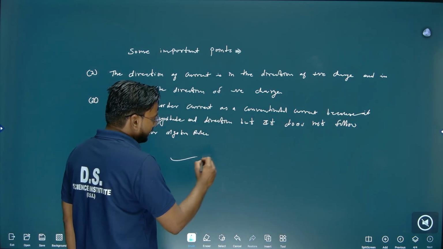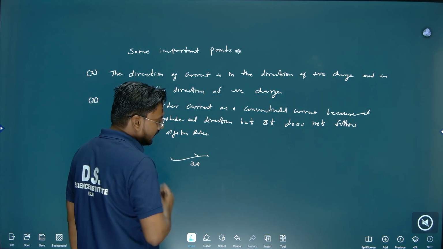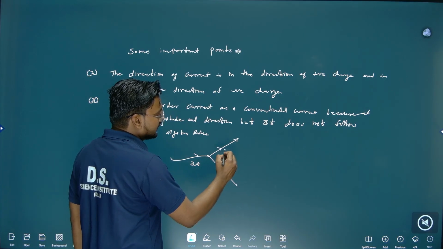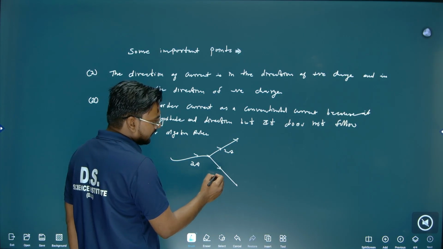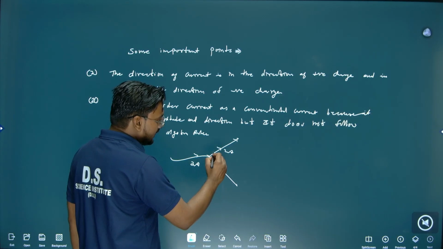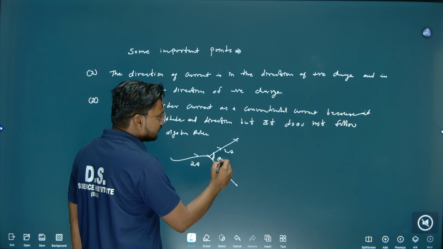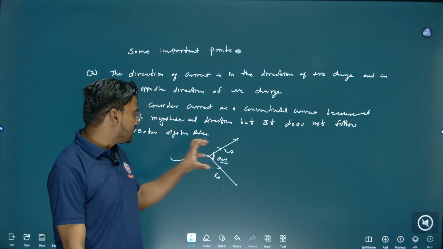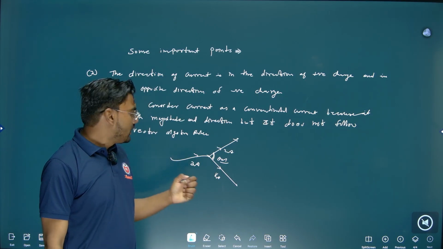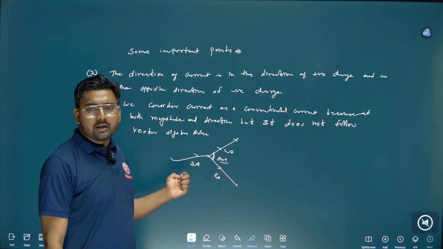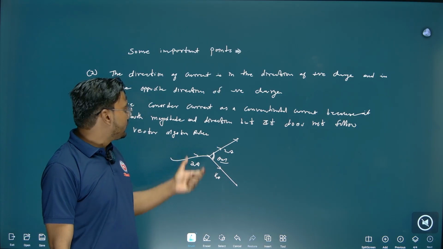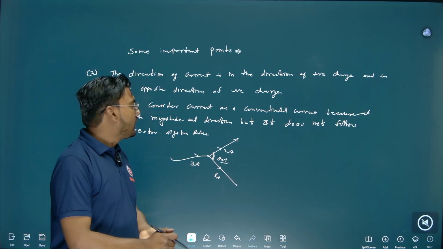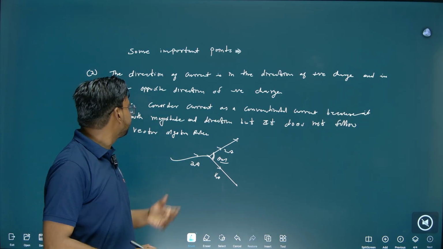Suppose 3 ampere of current is coming to a point, and 2 ampere current is passing through this line and 1 ampere current through this line, and the angle is 30, 45, 50. There is no effect of this angle on the current. Incoming current equals outgoing current. So that's why we consider current as a conventional current, as a scalar we can use it.